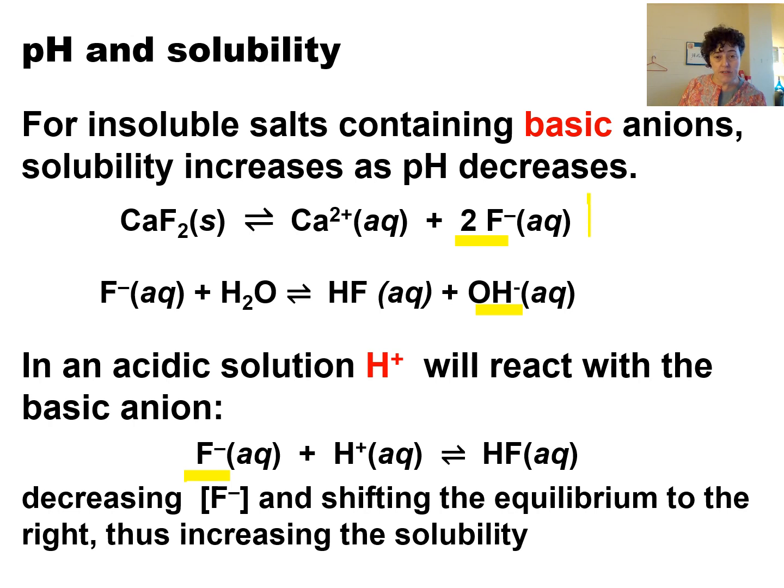So the fluoride ion concentration is going to go down. And this is causing, according to Le Chatelier, the equilibrium to shift towards the products. So we are going to see more calcium fluoride dissolved, and therefore the solubility is going to increase.